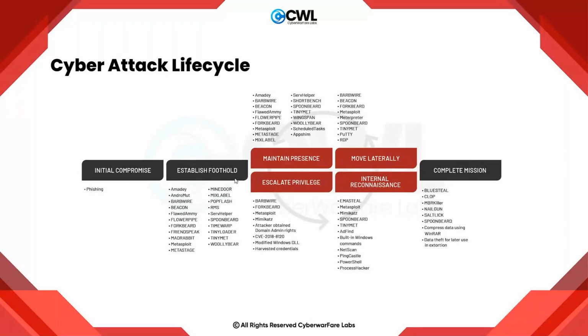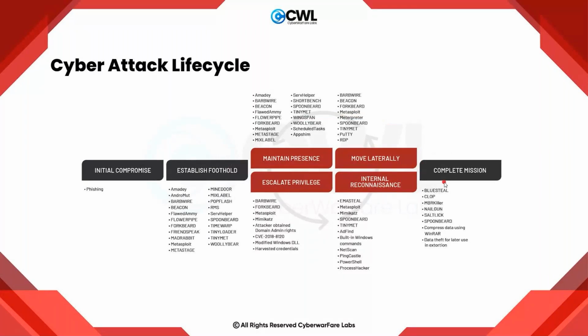And next comes privilege escalation. Privilege escalation could be really mandatory, because it is very occasional that the attacker will reach their mission right after gaining the established foothold. It's very rare, and one cannot simply go from compromising a machine to the complete mission.